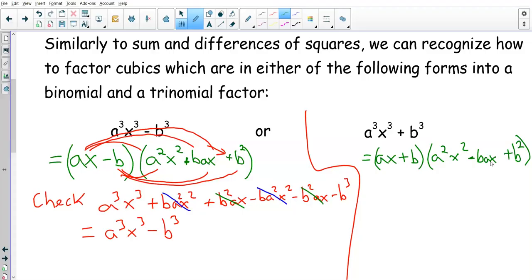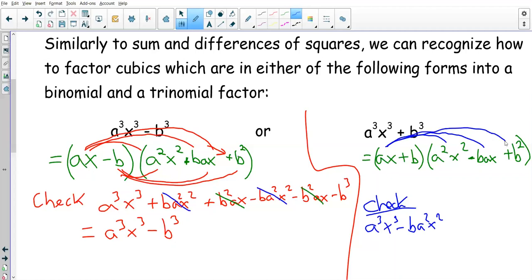And so that middle term this time is going to be negative bax. If I do my check, I'm going to switch colors this time. So ax times a squared x squared is going to give me a cubed x cubed. That's the term we want to keep. Ax times negative bax gives me negative b a squared x squared.